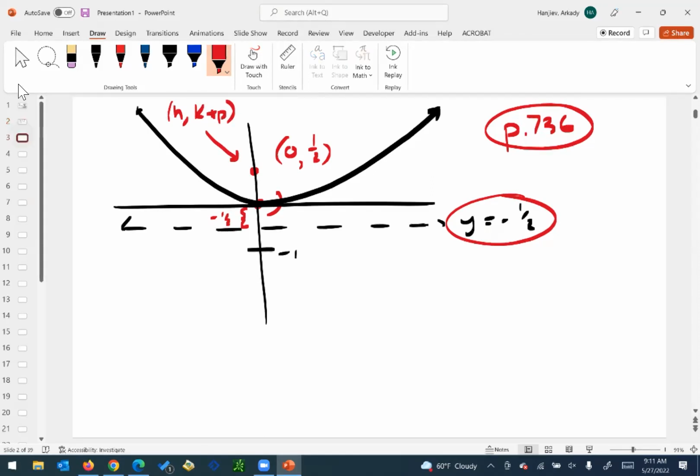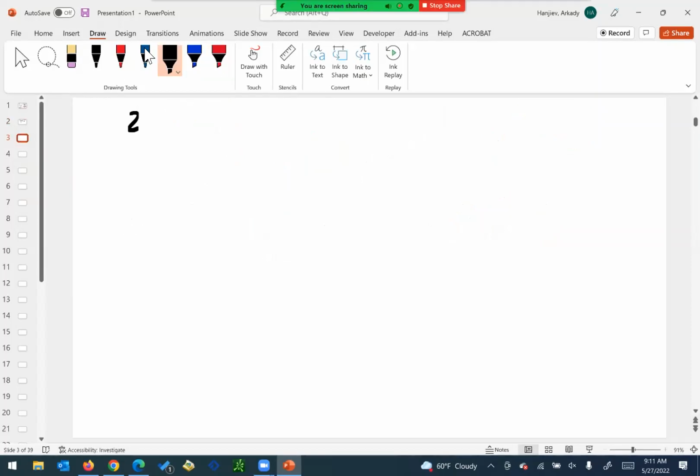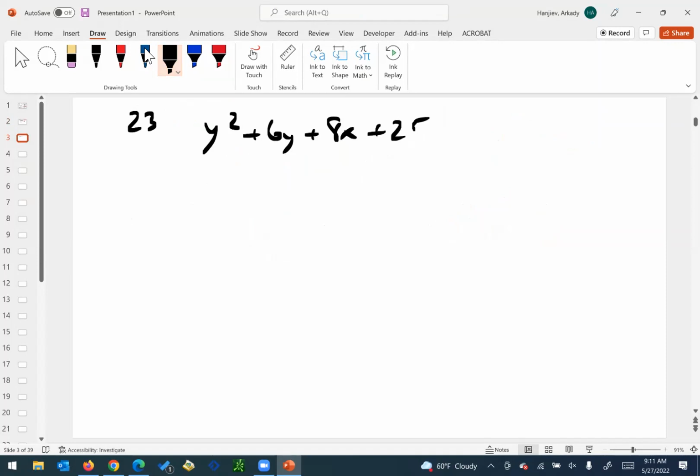Next one, 23. Let's see how much we can do before time runs out. y squared plus 6y plus 8x plus 25. It was weird to do a flip square, so let's jam with it just because of time remaining here.